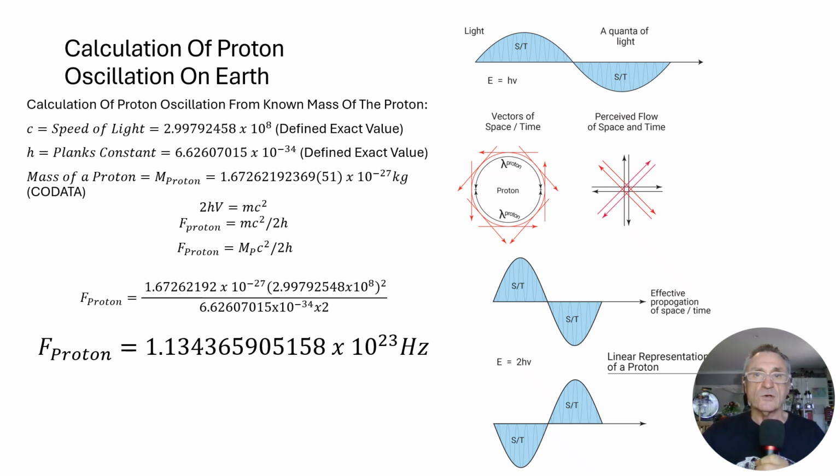The frequency of the proton is the speed of light divided by the wavelength. In this example, a more accurate oscillating frequency of the proton is calculated using the very accurately measured proton mass. F proton equals 1.134365905158 × 10^23 hertz.